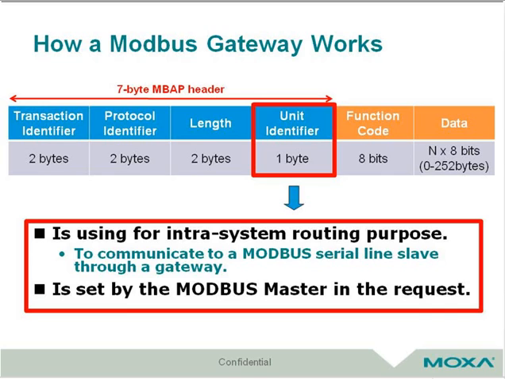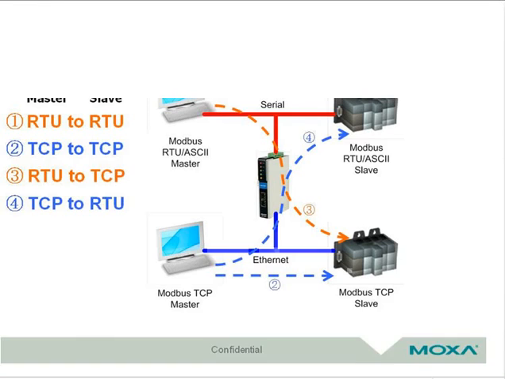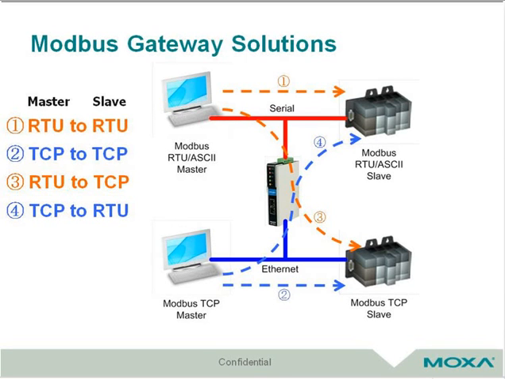That means the Modbus gateway can, based on the unit ID, tell which Modbus slave on the serial line should respond to the request. Then it can complete the request-response transaction pair. Let's recap the Modbus solutions.